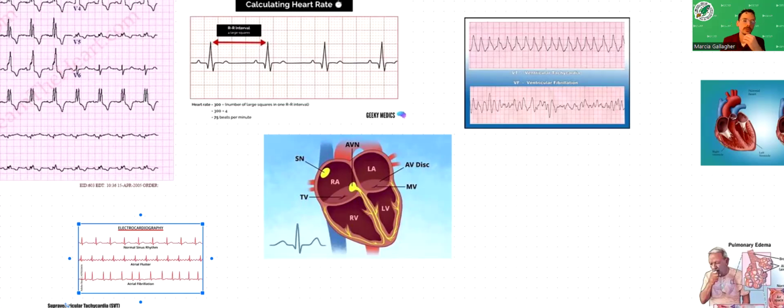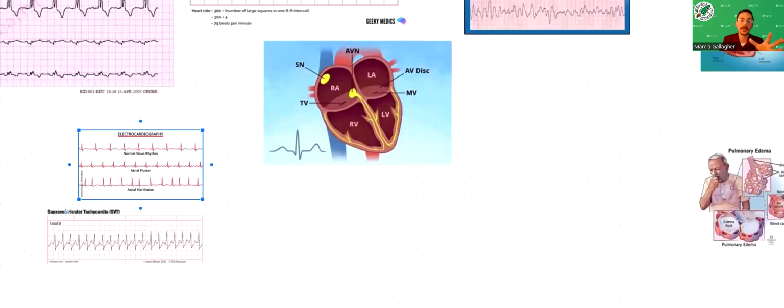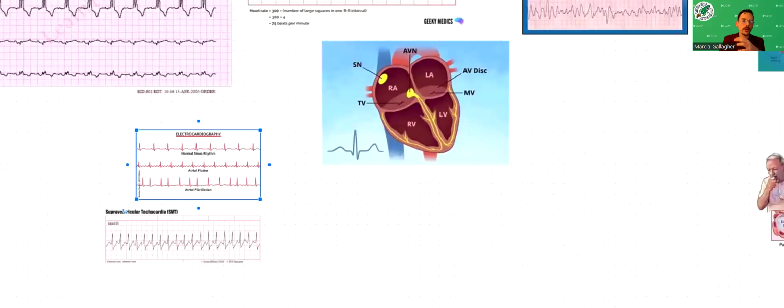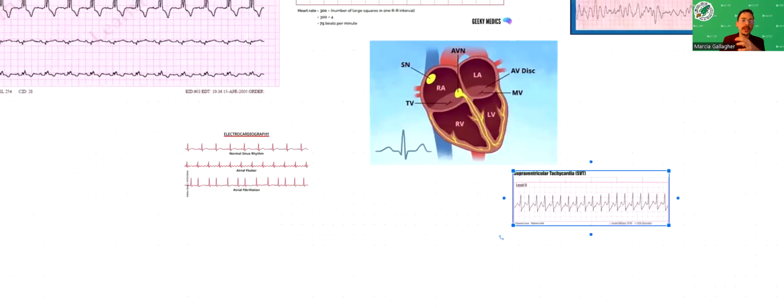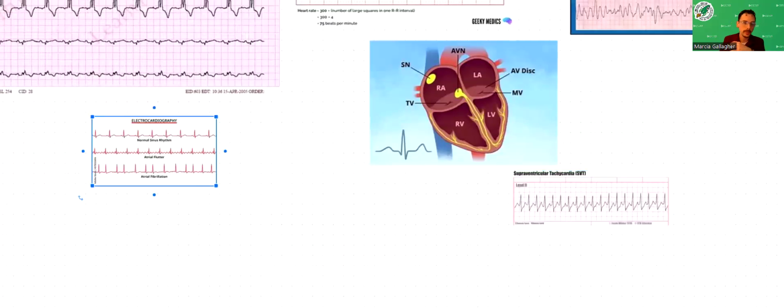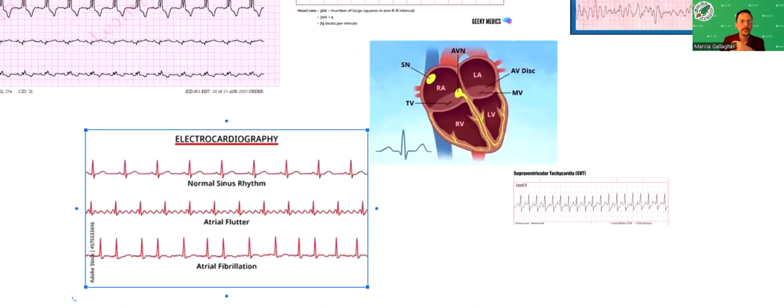You also see that there is no real rhyme or reason to how their heart rhythm is. We call that an irregularly irregular heartbeat. So normal sinus is regularly regular. Atrial flutter is regularly irregular, meaning it's not right, but it is consistent.